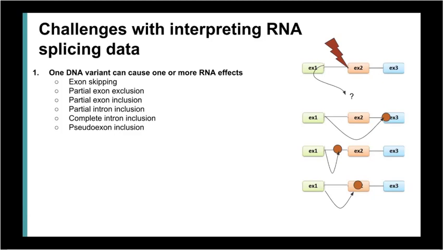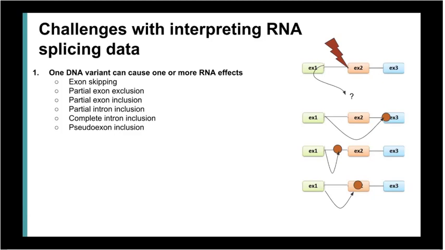It's trying to splice to anything it can find. And it's kind of scrambling to figure out a new place that it can use as an acceptor now that exon 2 is gone. And that means that sometimes it might find exon 3, sometimes it might find the middle of an intron, sometimes it might find the middle of exon 2. And so you can get this spreading of multiple effects when there's actually only one DNA variant present.